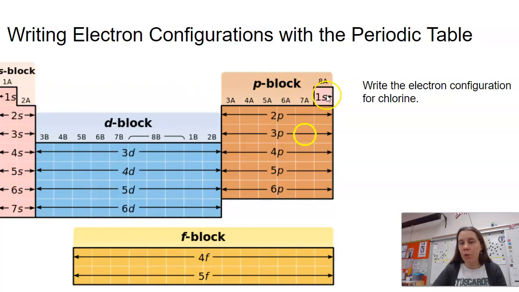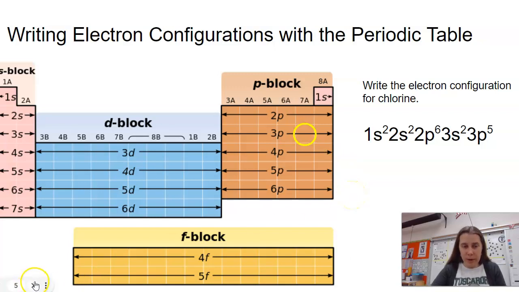So we'd have 2 in the 1s, 2 in the 2s, 6 in the 2p, 2 in the 3s, and then 5 in the 3p. Okay, so our electron configuration would look like this. And so you don't have to remember how many things go in each sublevel. It's all laid out for you here on the periodic table.